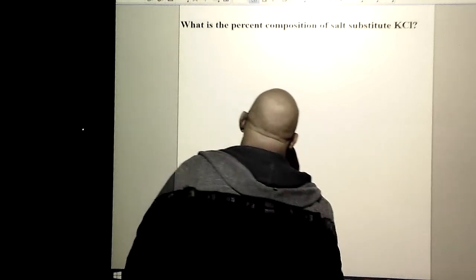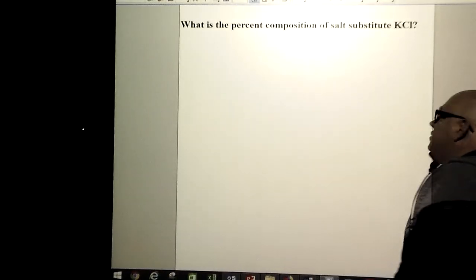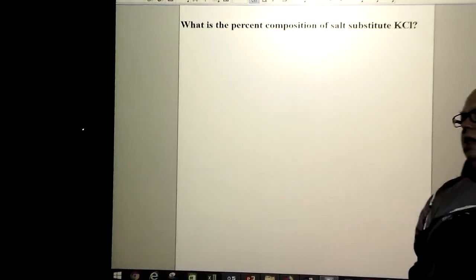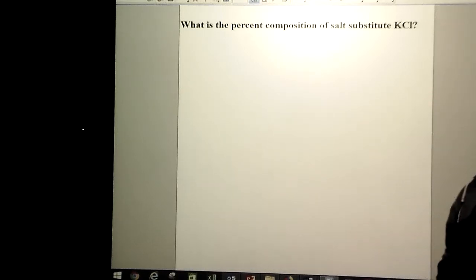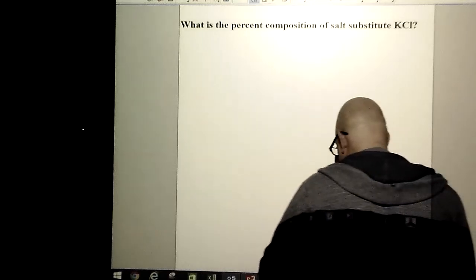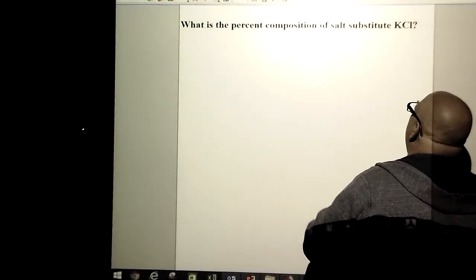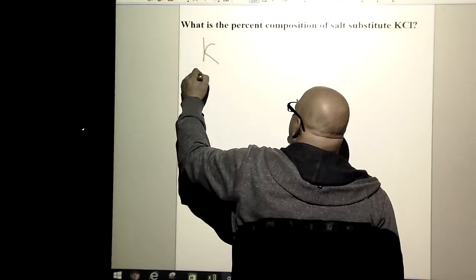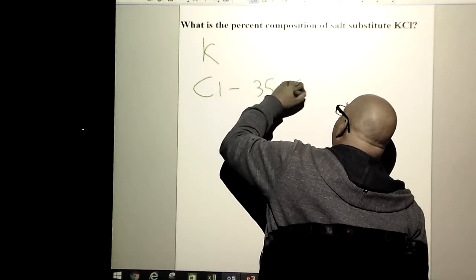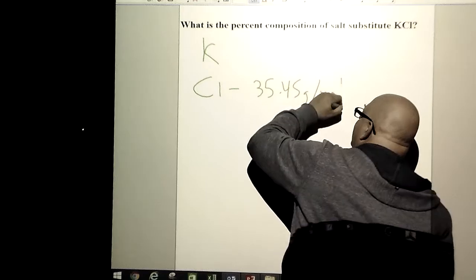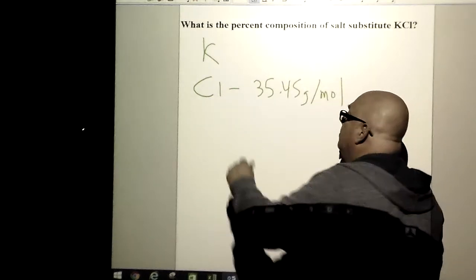Okay, now what is the percent composition of salt substitute KCl? This is exactly like the previous problem. Now, what do I know? I know that Cl is 35.45 grams per mole because I get that from my periodic chart.